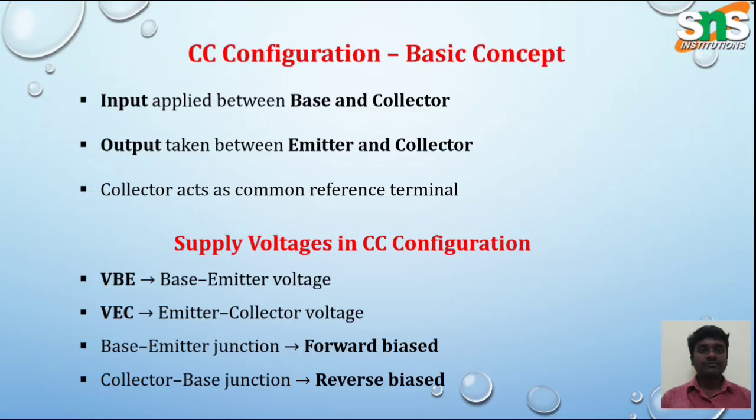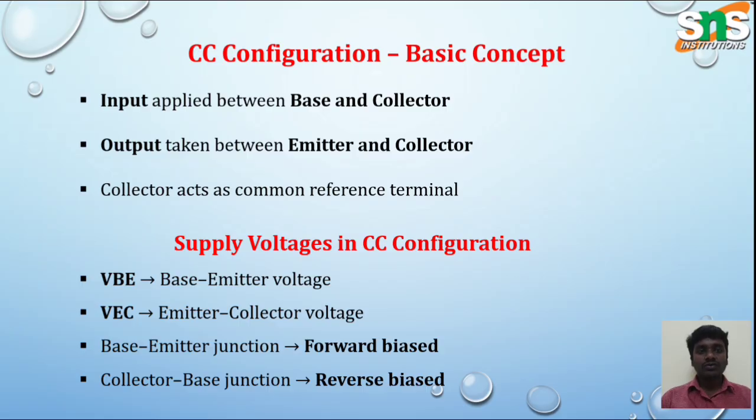The basic concept is that the input is applied between the base and collector, and the output is taken from the emitter and collector. We already know that there are two PN junction diodes inside the transistor. So the collector acts as a common reference terminal.